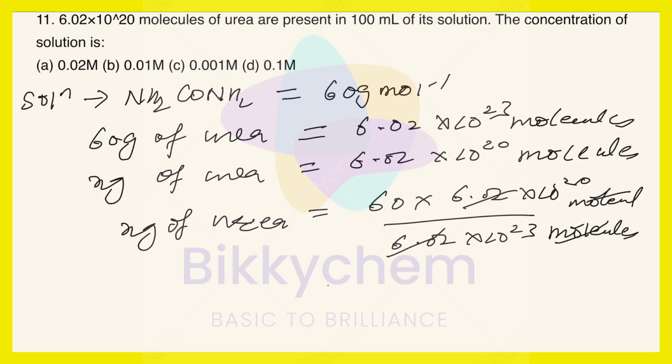So it will be 60 into 10 to the power 20 minus 23, 10 to the power minus 3 gram.